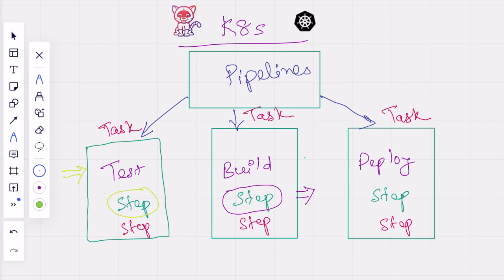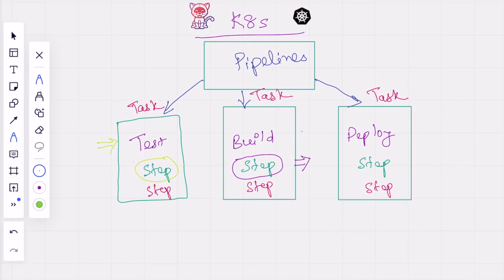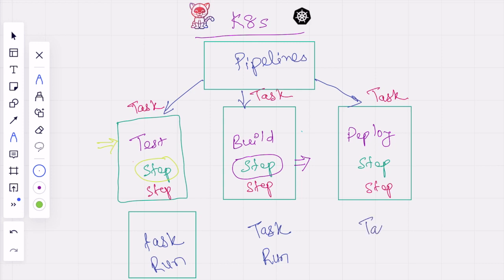Now in Tekton, how do you initiate a task? To initiate a task, we have a task run. So each task can be triggered using a task run.